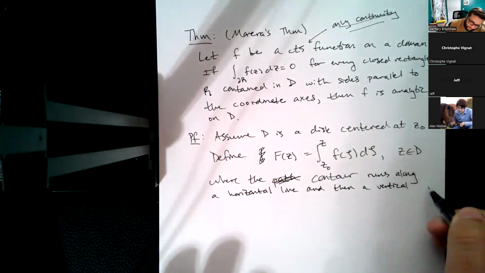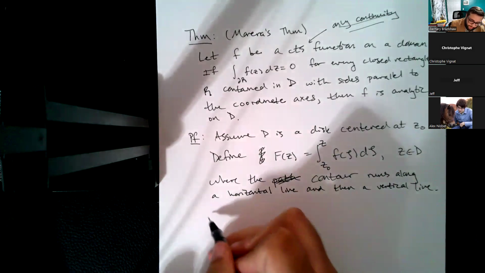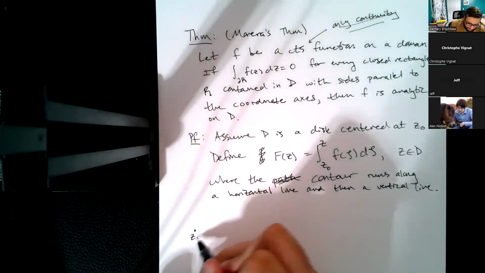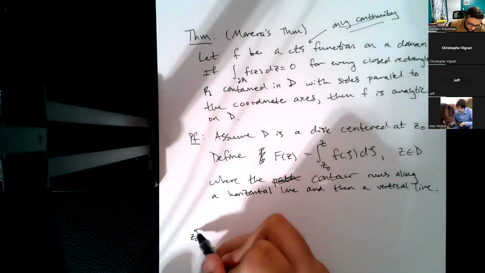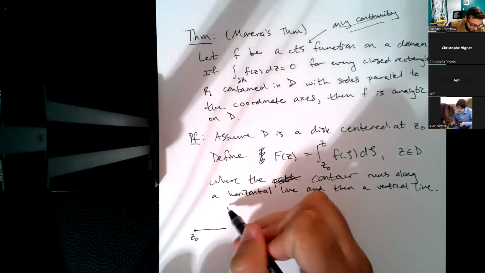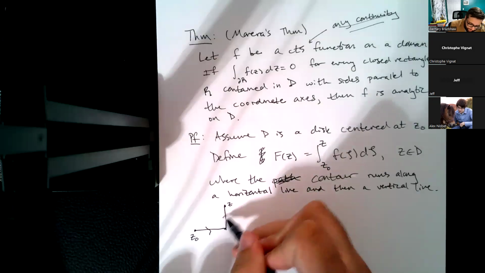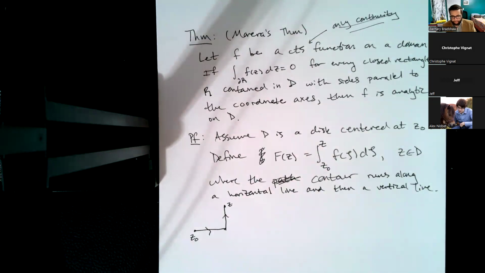Don't know why I wrote all that out instead of just drawing you a picture. So if you have z0 here, and let's say z is up here, our contour looks like this.